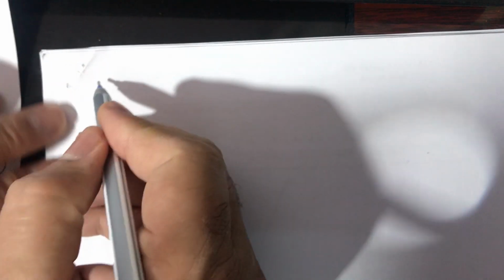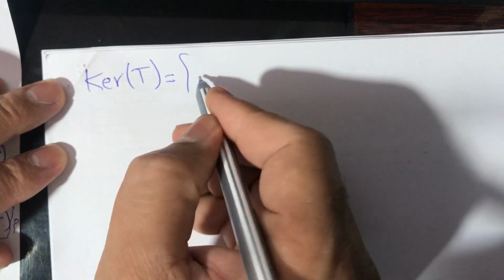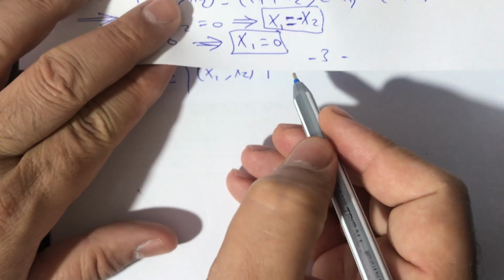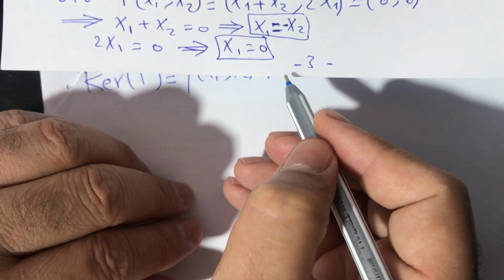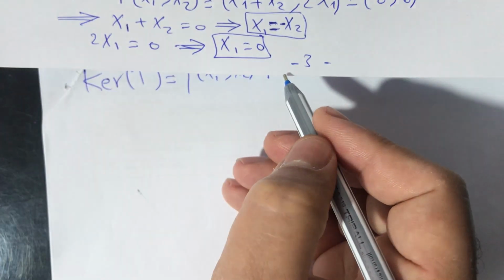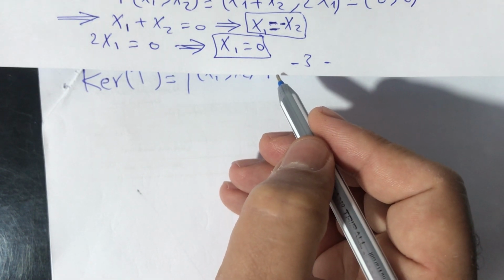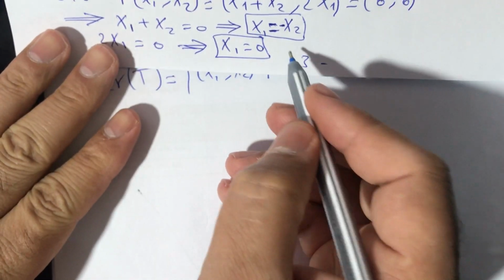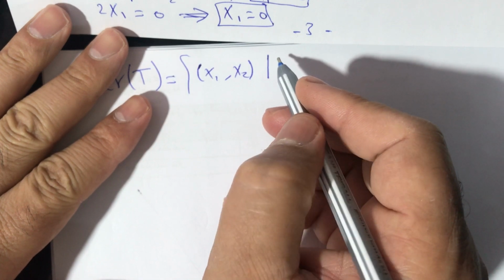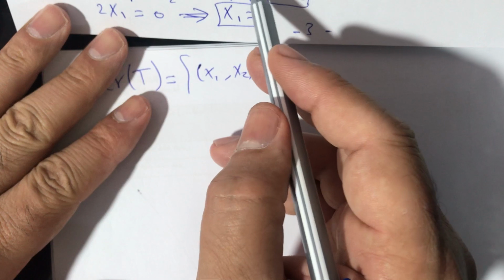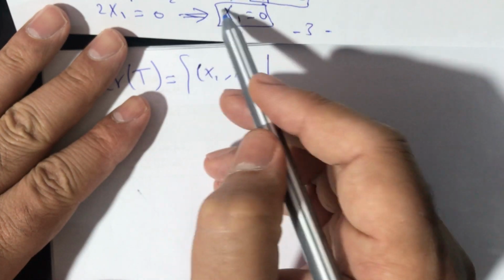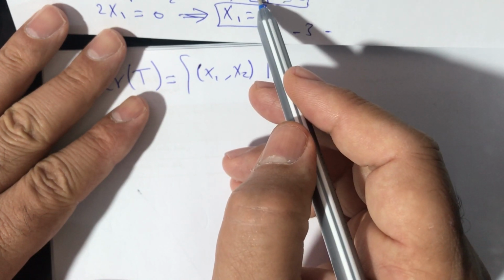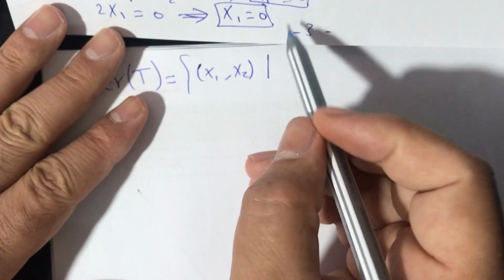So now we can define the kernel of T as the set of (x1, x2) in R2 such that these two conditions are satisfied.